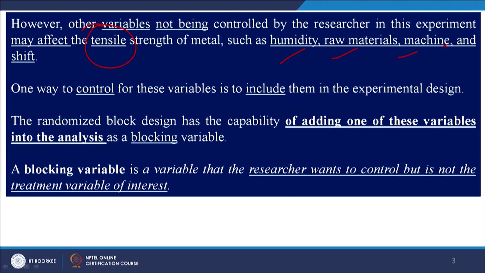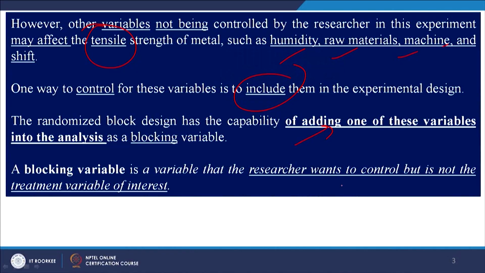One way to control these variables is to include them in the experiment. So, the randomized block design has the capability of adding one of these variables into the analysis as a blocking variable. We can use randomized block design wherein we would be using one of these confounding variables as a blocking variable.